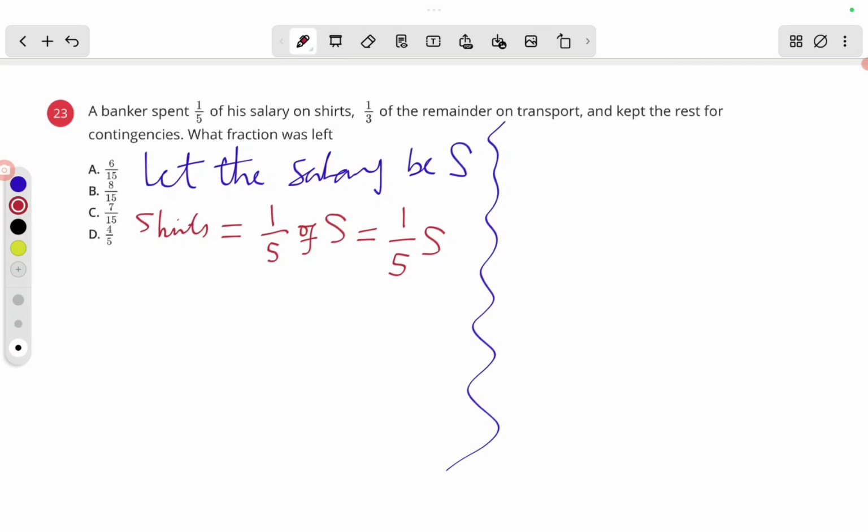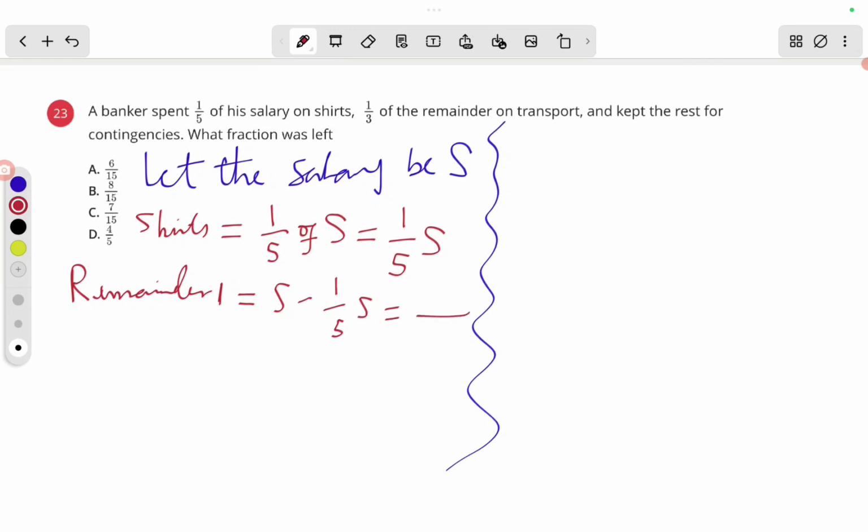The second sentence we have is 1 over 3 of the remainder. Now, if the man spends 1 over 5 of his salary, what will be the remainder first? Let me call it remainder 1. This is our first remainder. Remainder 1 is same thing as x minus 1 over 5x.